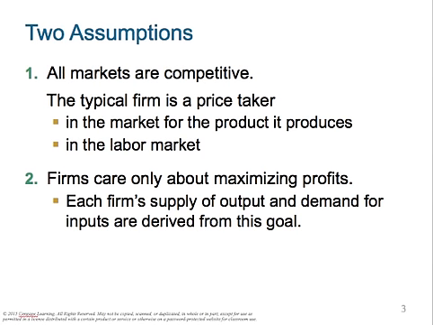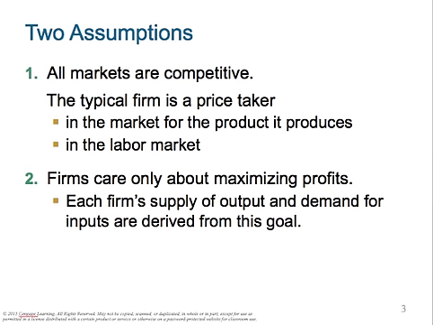Now, we make two assumptions here. The first one is that all markets are competitive. When we're talking about factors of production, we're going to assume that all markets are competitive. The typical firm is a price taker. The firm is the buyer in this example and is a price taker. So they're in the market for a product it produces, and they're in the labor market as well to hire people to produce the product.